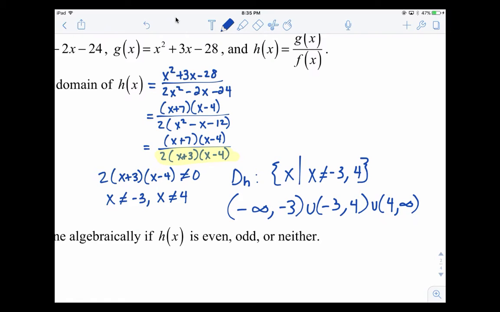Now if this was a multiple choice question, I would probably give it in interval notation. Again, that's just more common in pre-calc and calculus. But if this was a free response question, you can give me the answer either way. That's perfectly acceptable.